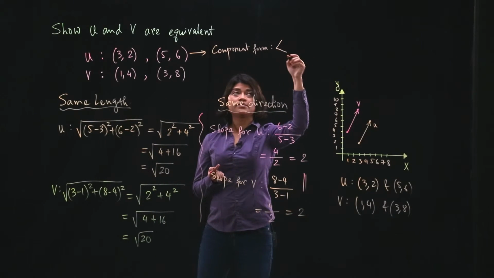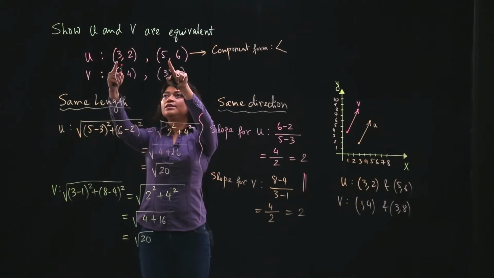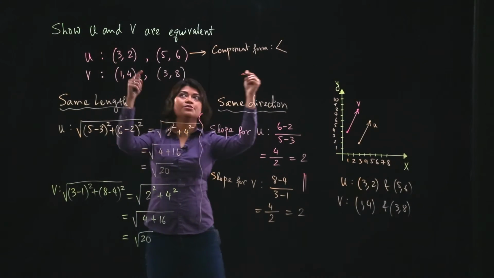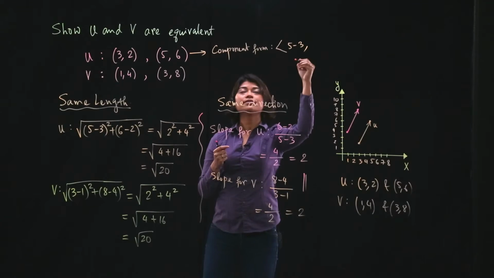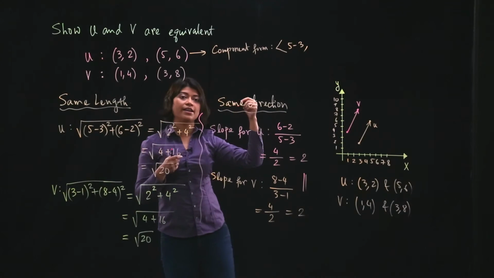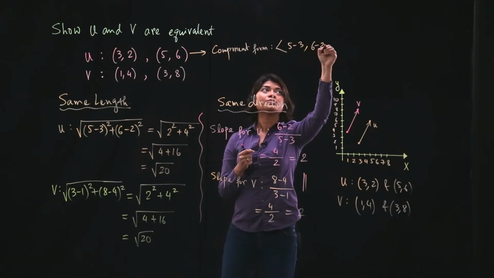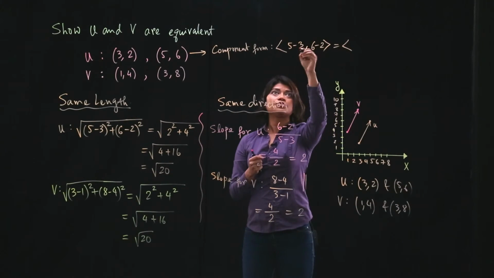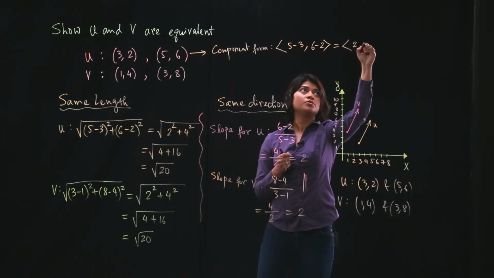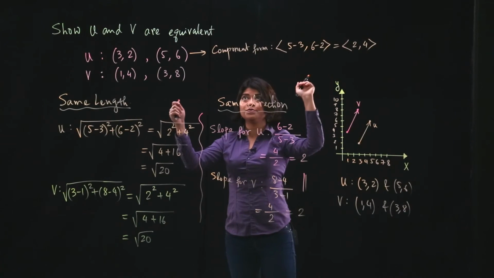You know, we write it inside this type of bracket, and it is, you take the difference of the x values, that's the first coordinate, so 5 minus 3, and then the difference of the y values, that's the second coordinate, so 6 minus 2. And that is equal to 2, 4. So this is the component form for u.